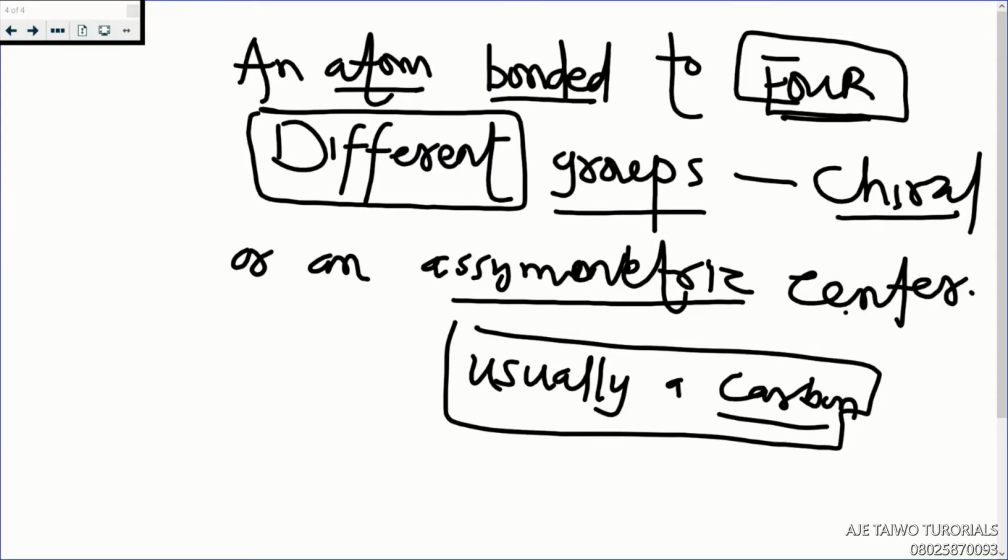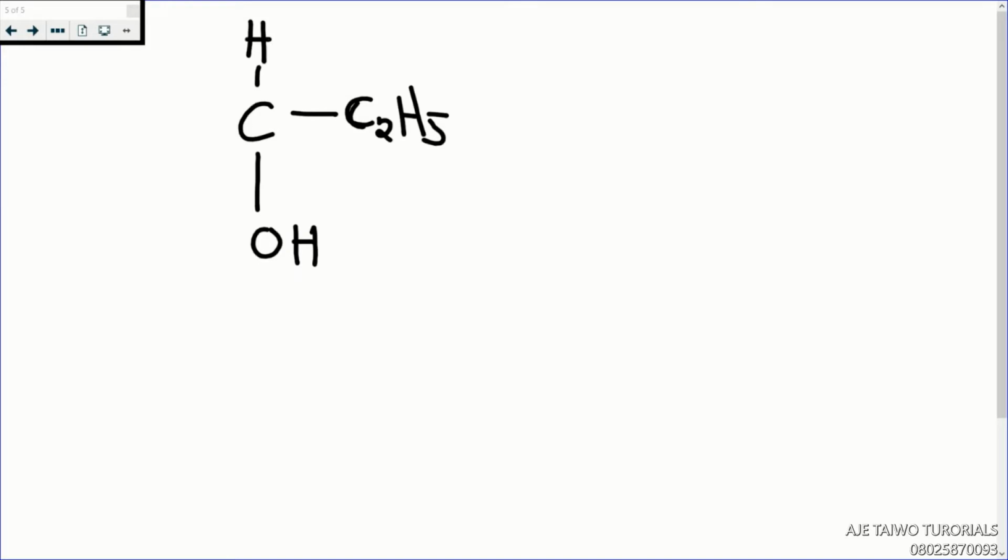Let's write, please. Examples of molecules with a chiral center carbon atom include this: you have C, you have C2H5, OH, hydrogen, and CH3.